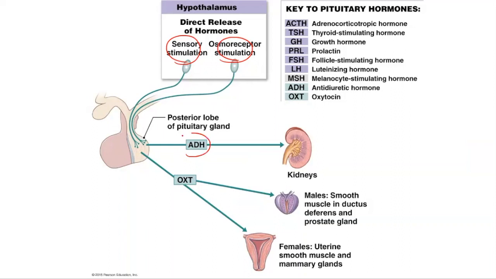Once antidiuretic hormone is produced, it's going to act on the kidneys, right? Reabsorption of water. And oxytocin is going to act on both males and females: in males, emotional bonding and sexual maturity, and in females, uterine smooth muscle. It's going to act on uterine smooth muscles and also mammary glands.